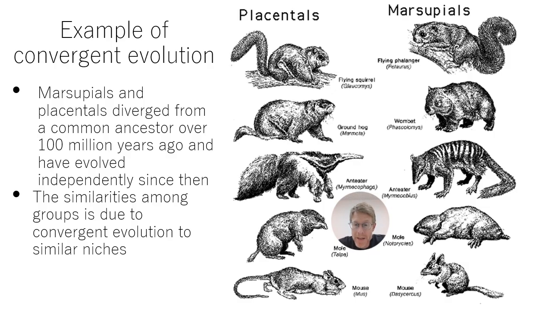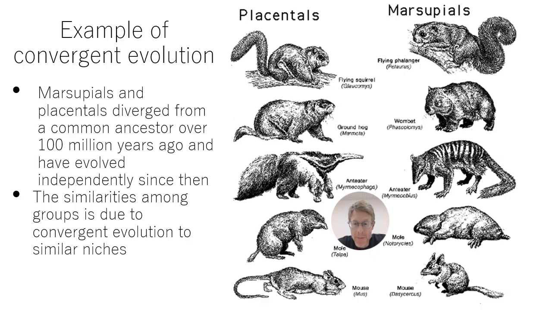So anteaters in Australia and anteaters in other places look like they do because they both eat ants, right? They have evolved to be able to eat ants, so they have similar traits. A mouse in Australia and a mouse elsewhere has evolved to look quite similar because of convergent evolution, not because their common ancestor was like that.